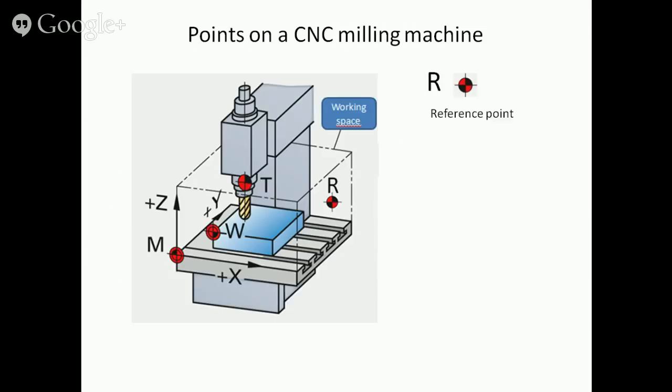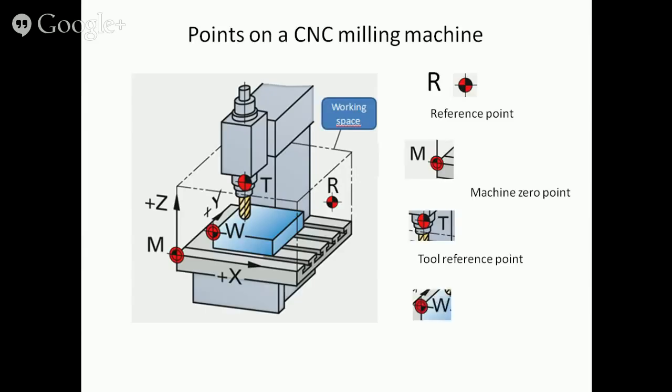R is for the reference point. M for the machine 0 point. T for the tool reference point. And W for the workpiece 0 point.